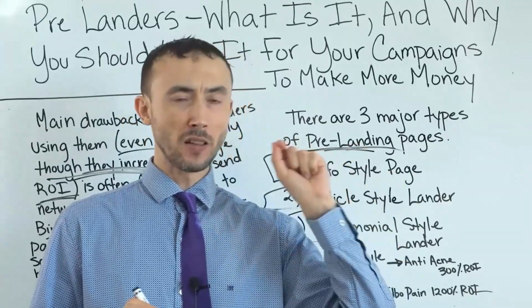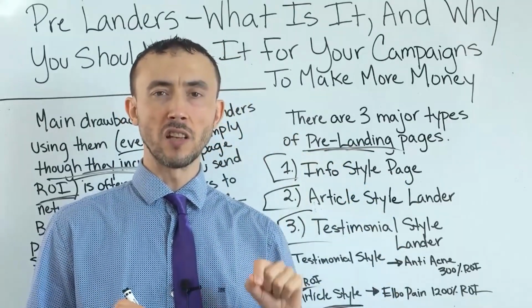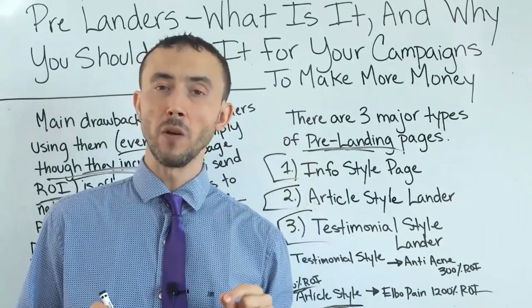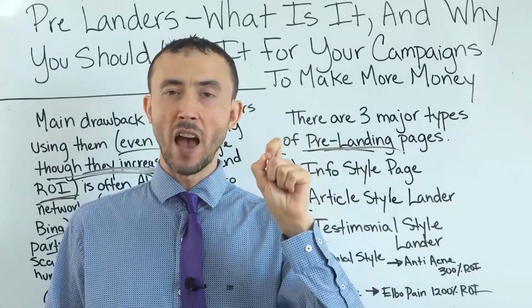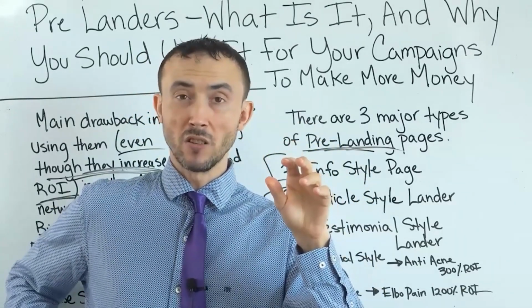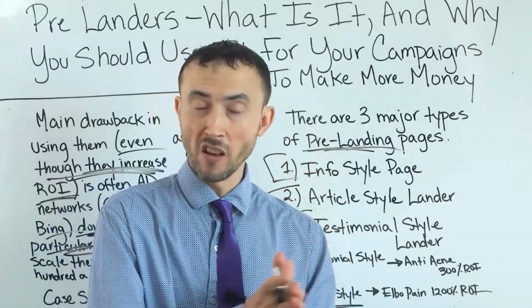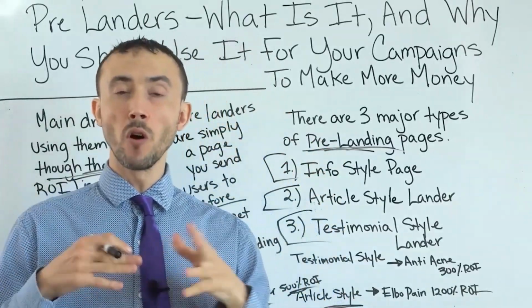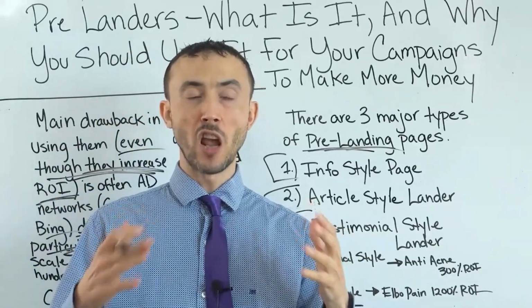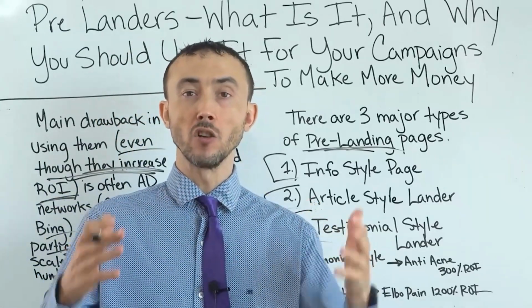But anyway, that's a perfect example of how you can use a testimonial style pre-landing page to not only get a better return on top of what you're having, because you could just test using this funnel instead of funneling them into a pre-lander and then from there to your landing page, but more importantly, it gets channels that simply would have never worked to work.